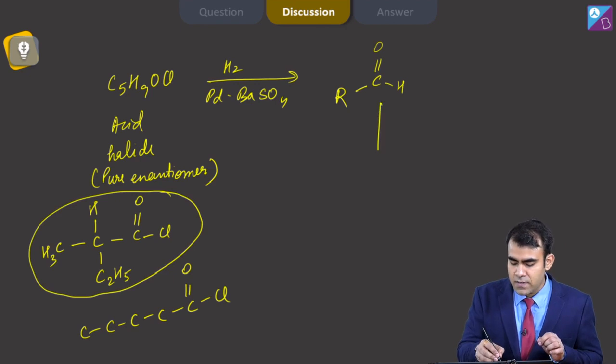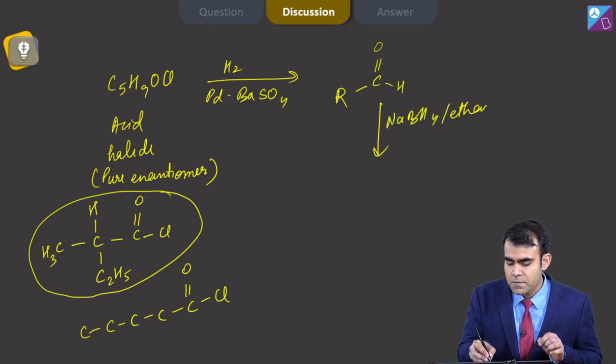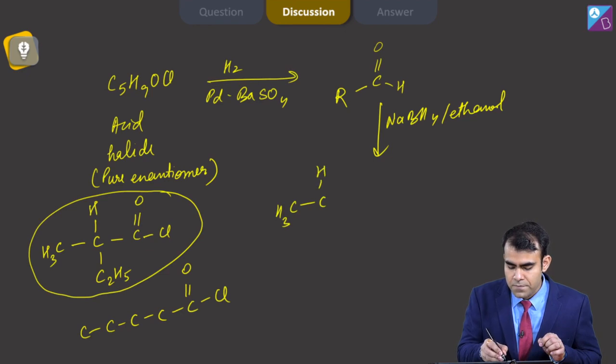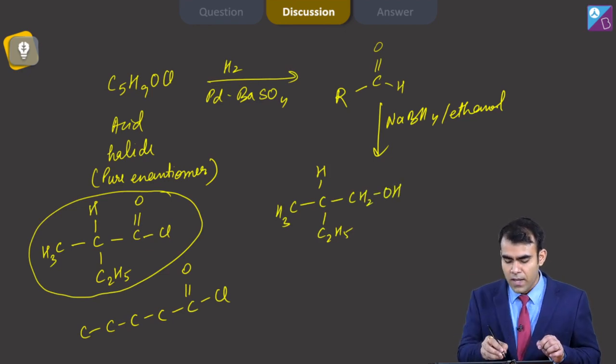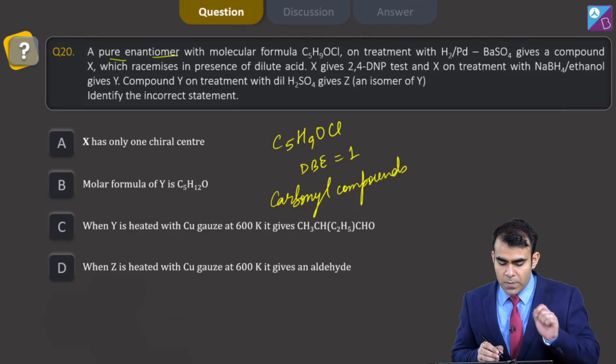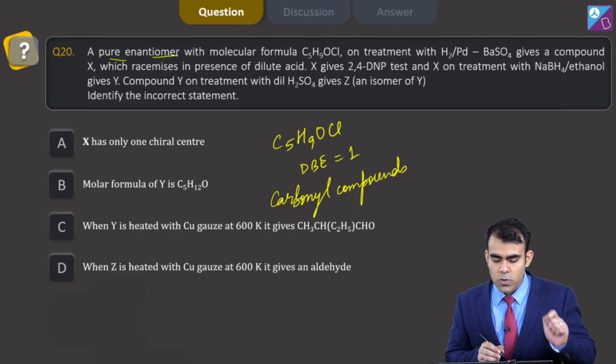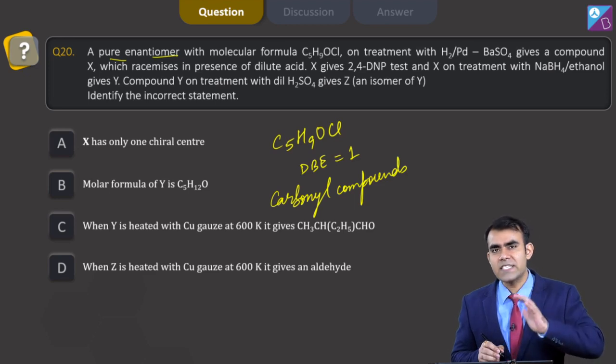Now after that, it is attacked by NaBH4 and ethanol. So yes, NaBH4 ethanol makes an alcohol. So this is C2H5CH2OH.